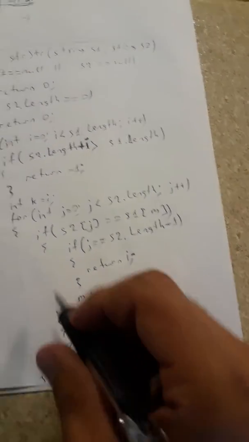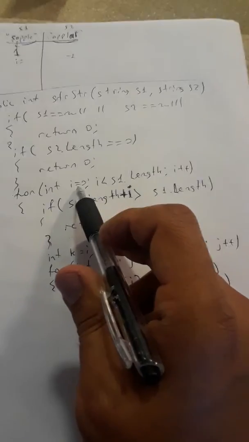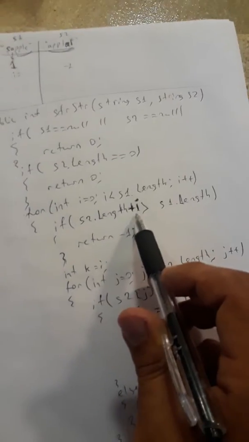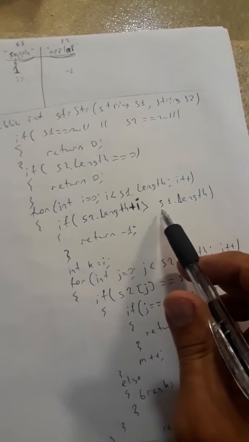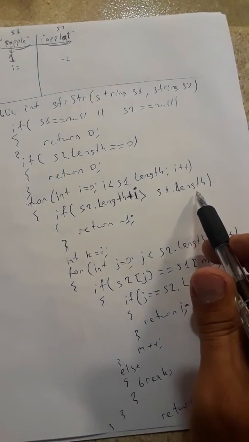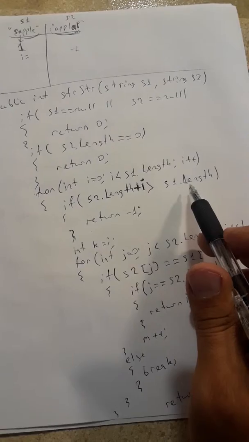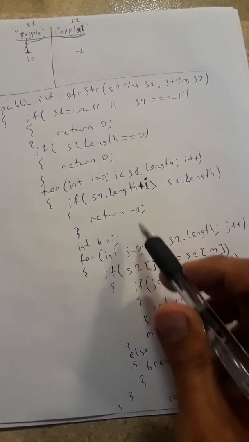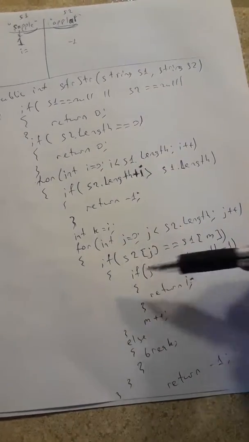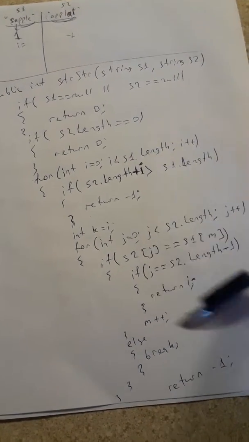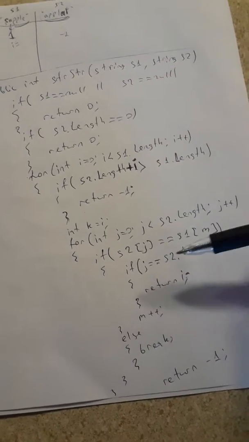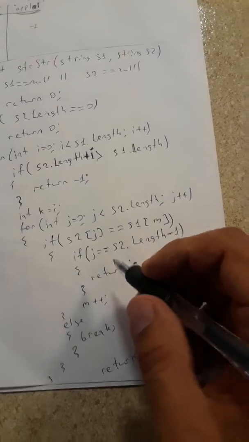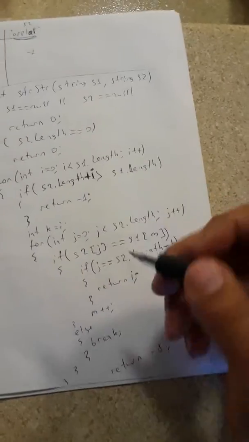So we will break it, we'll again increment the i value, we'll again check if the length plus i is greater than the length of our original string. If it is, we'll just return -1. If it's not, we'll initialize the for loop, trying to find out if our second string appears in the first string.